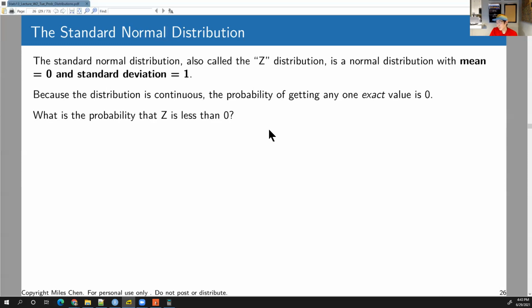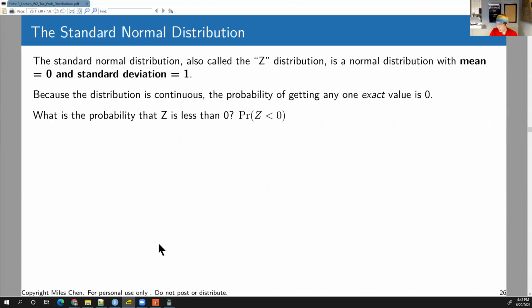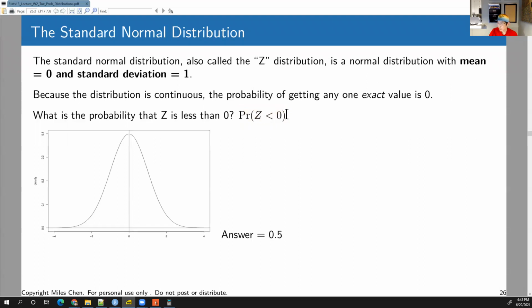If we just say, what's the probability that z is less than 0? Here's our picture. Let's draw a vertical line at 0. I would express this mathematically like this: the probability that z is less than 0. Here's my curve, and let's shade in everything to the left of 0.